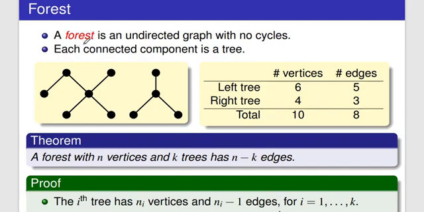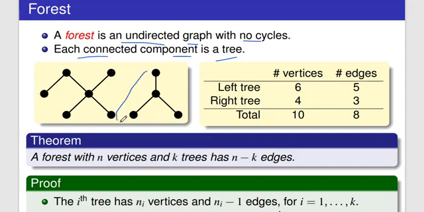Okay, next, forest. A forest is an undirected graph with no cycle. Each connected component is a tree. Forest means there is more than one tree, like hundreds or thousands of trees.